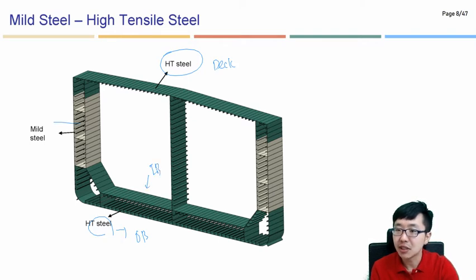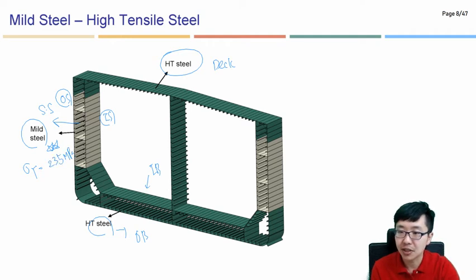But at the same time, you can see here this is the side shell, the outer side shell as well as the inner side shell. For the material properties, you can see here they simply apply the mild steel. We should remember that the yield strength for the mild steel is nearly 235 megapascal.